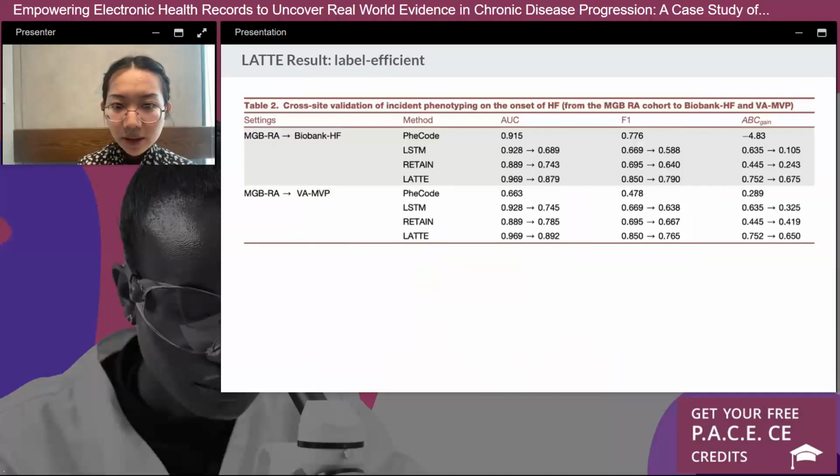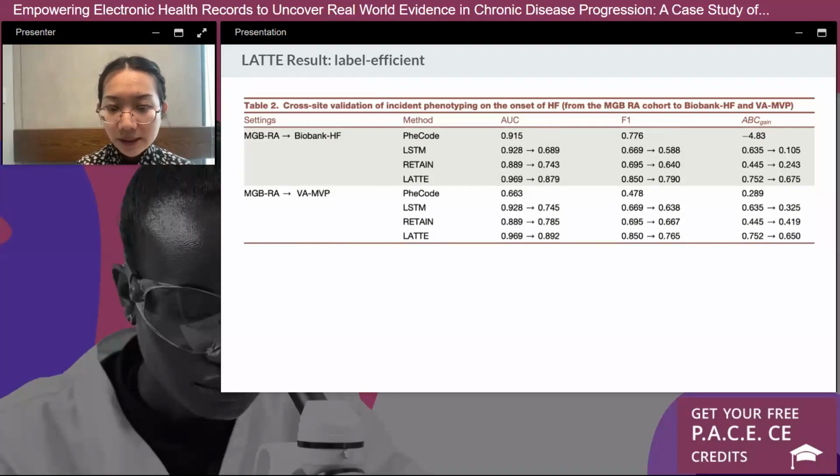And we also validated that LATTE can perform well across sites, meaning that it is good in terms of generalizability. In order to test that out, we trained on one institution or one cohort particularly, and then we tried to transfer to the other cohorts.